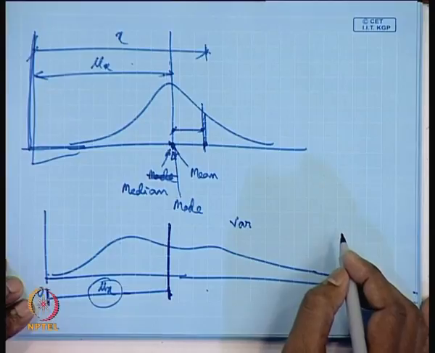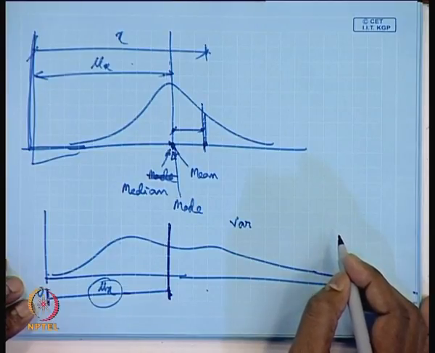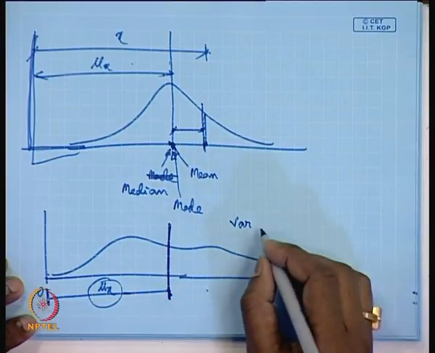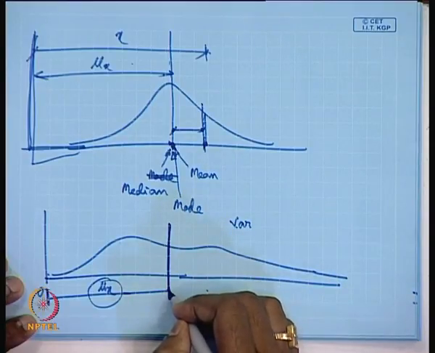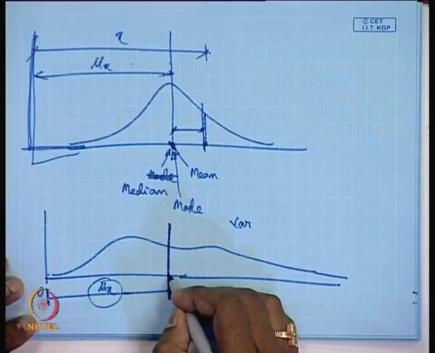One open question that I can put before I conclude today's class is: as I told, the second moment with respect to the mean is variance. What is the first moment with respect to the mean?